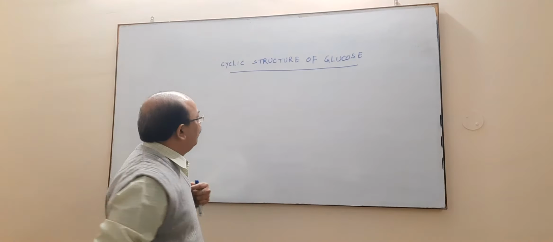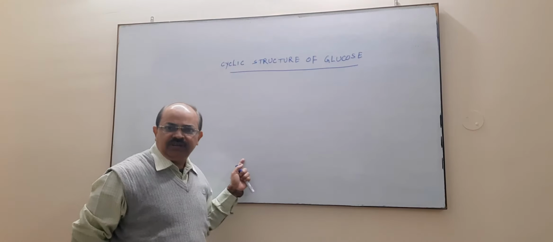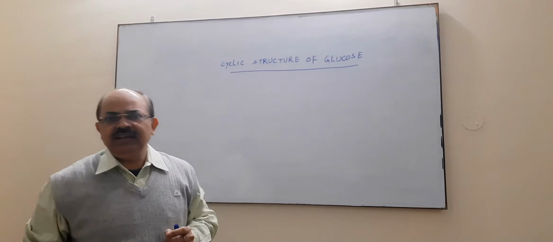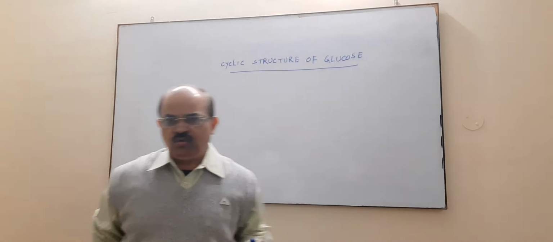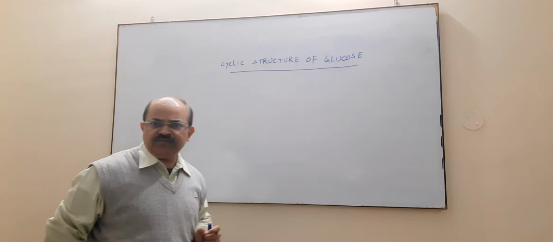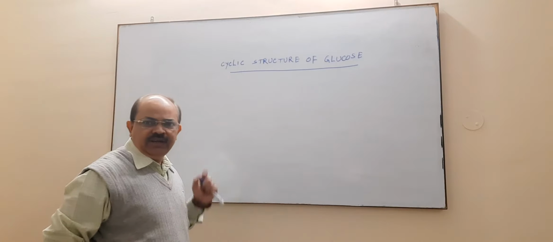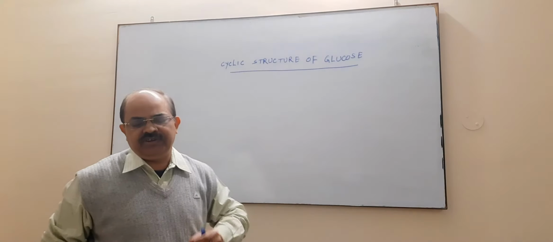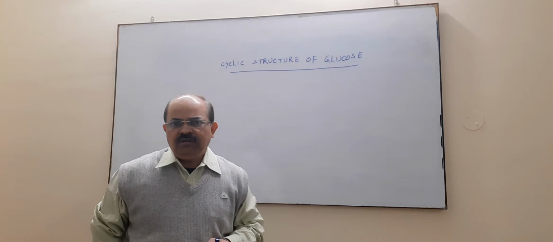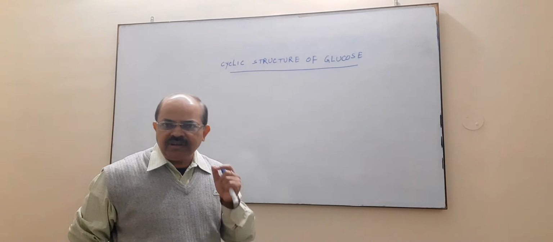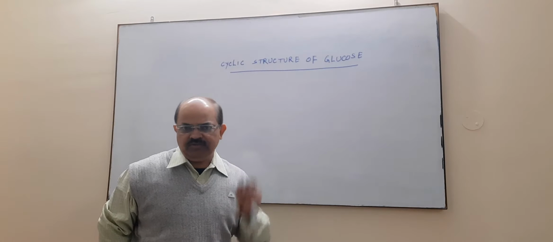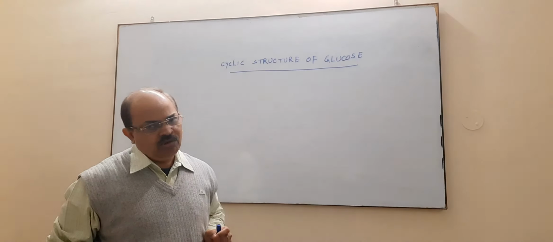So, today in this video lecture, I am going to discuss the cyclic structure of glucose. Dear students, I have already discussed the classification of carbohydrate and the reactions of glucose, which is a very important monosaccharide.